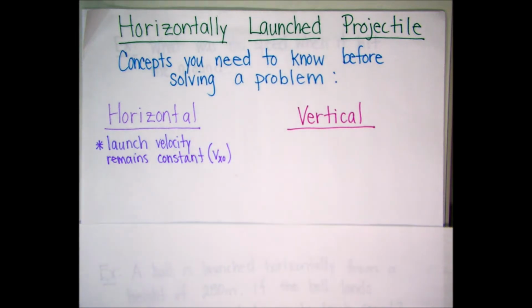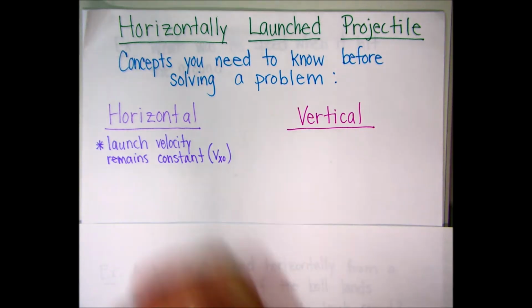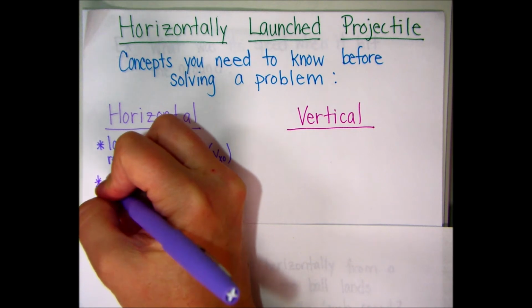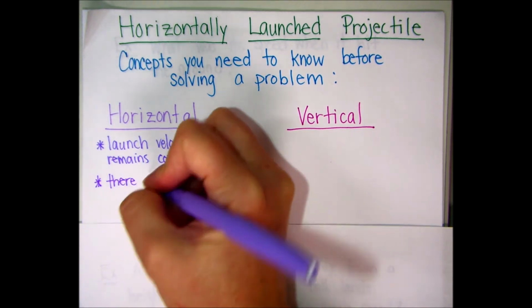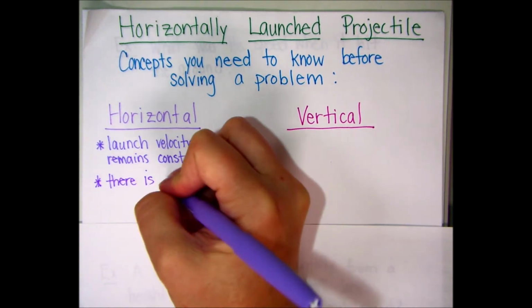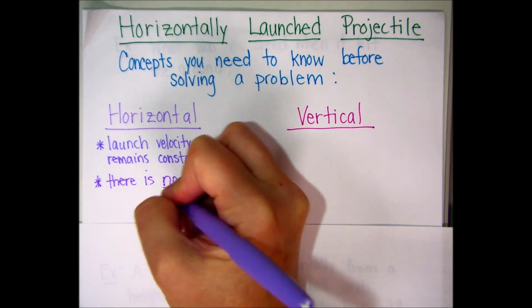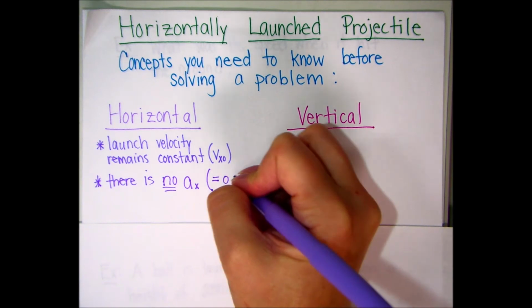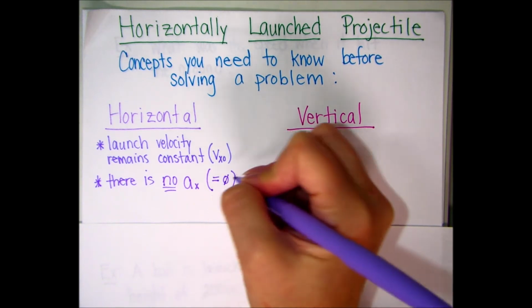That's what Vx0 stands for. Horizontal initial velocity. Keeping that in mind, that means there is no acceleration in the x direction, which means it's equal to 0.